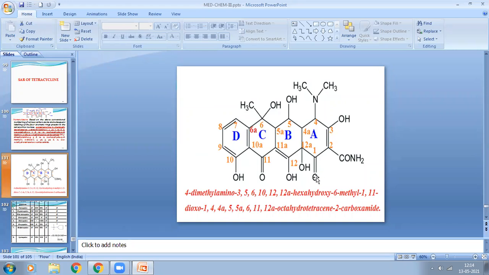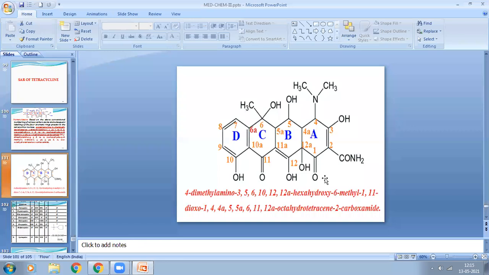Remember, all these ketone groups or other groups are replacing the hydrogen. That's why the hydro name will be intact. Whatever is in this position, we can designate as hydro. So 1,4,4a,5,5a,6,11,12a-octahydrotetracene-2-carboxamide.